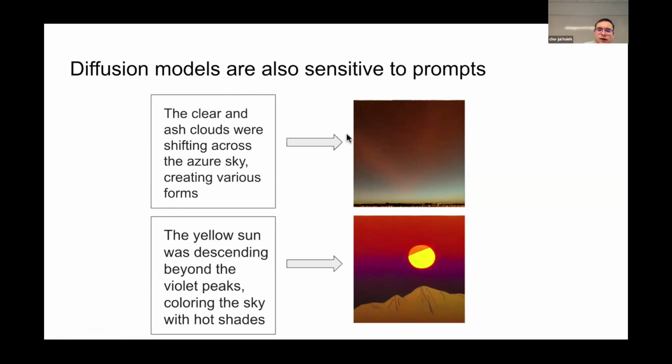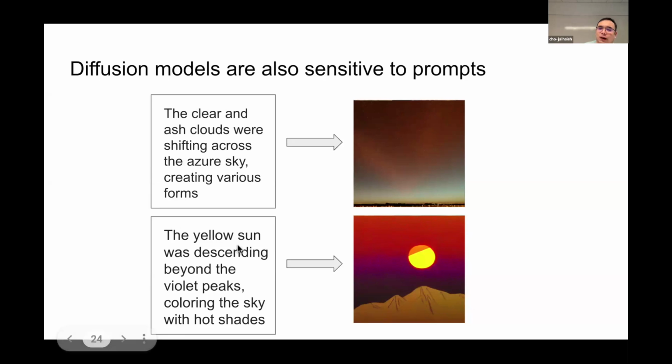We see lots of successful examples, but actually diffusion models are not very stable with respect to the input text. These are some failing cases I found in the dataset. For example, it asks for clear and ash clouds shifting across the azure sky, but I think the result doesn't look like that.